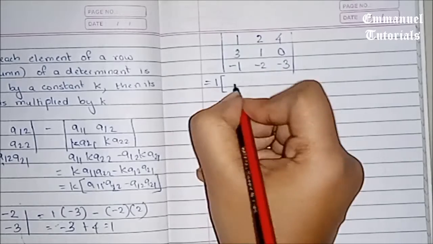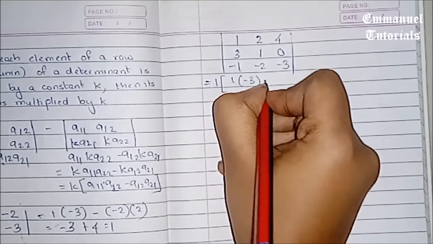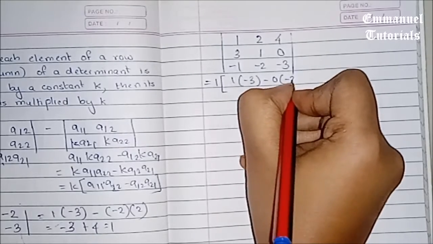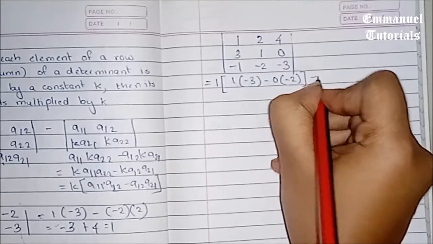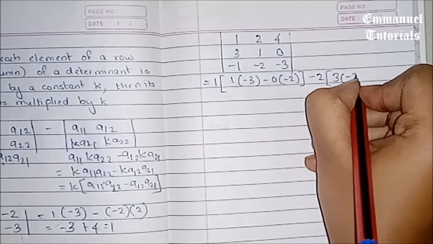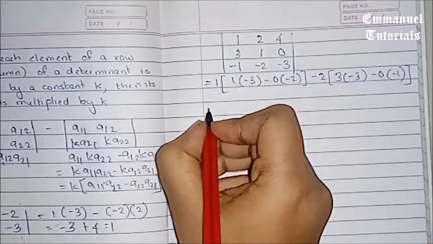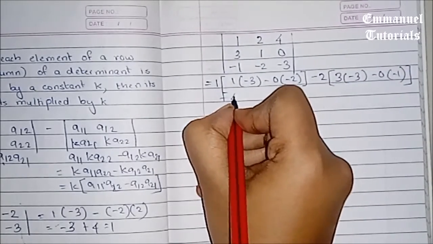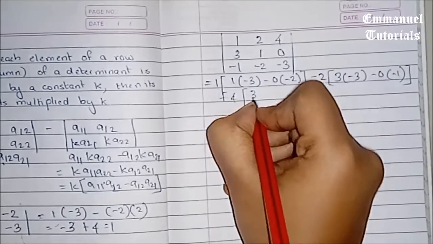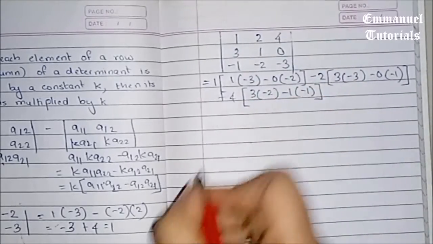It's going to be 1 into (1 into minus 3 minus 0 into minus 2), minus 2 into (3 into minus 3 minus 0 into minus 1), plus 4 into (3 into minus 2 minus 1 into minus 1).